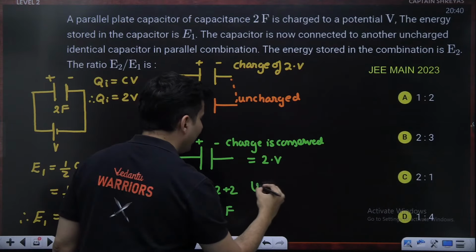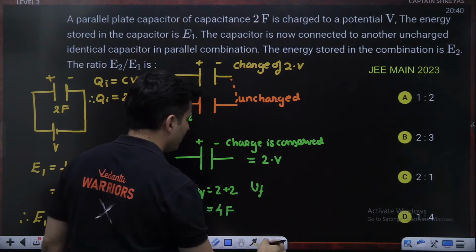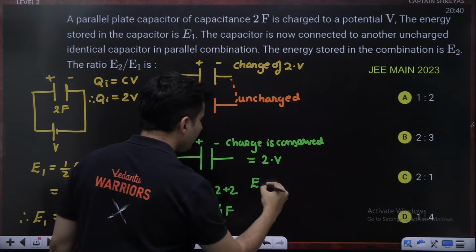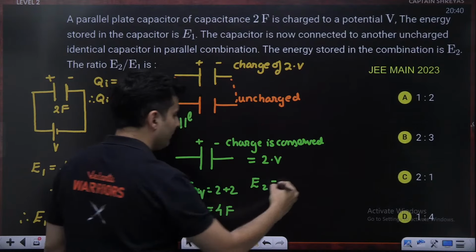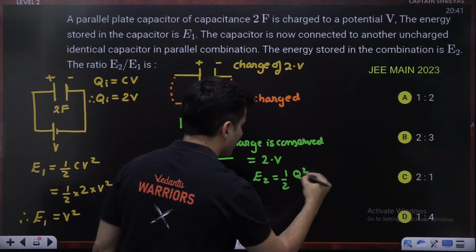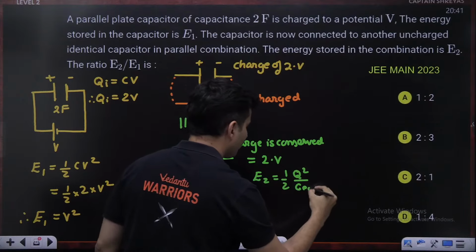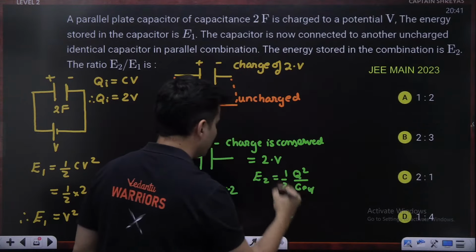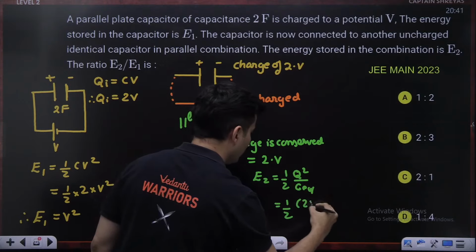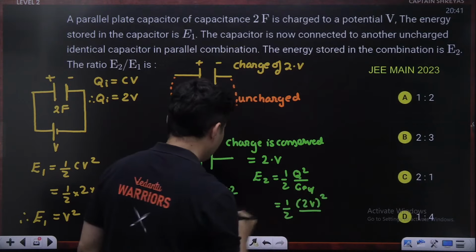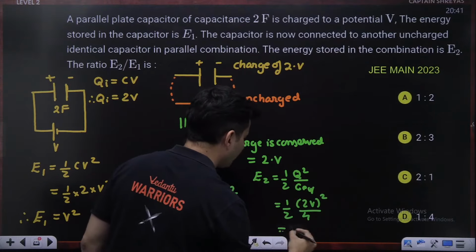So the final energy stored, which is E2, will be half charge square by C. So what is the charge? Charge is basically 2V. So it will be 2V whole square by C equivalent, which is basically 4.